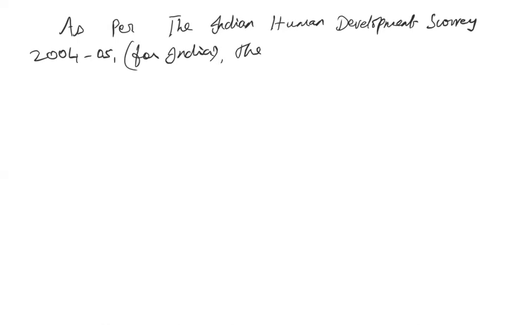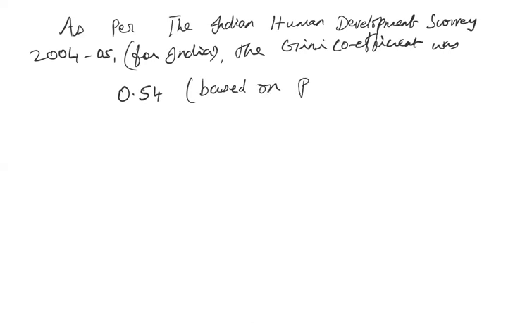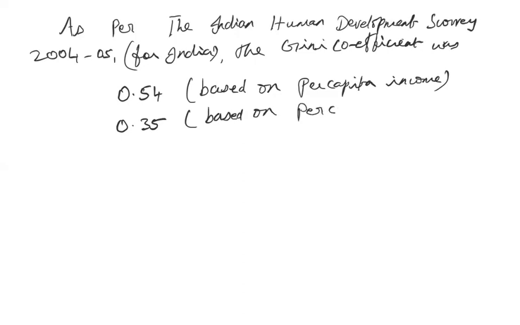The Gini coefficient value for India was 0.54. Sorry, this is based on income, based on per capita income. And it was 0.35 based on per capita expenditure.